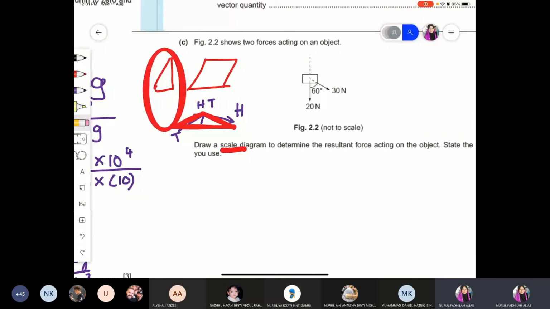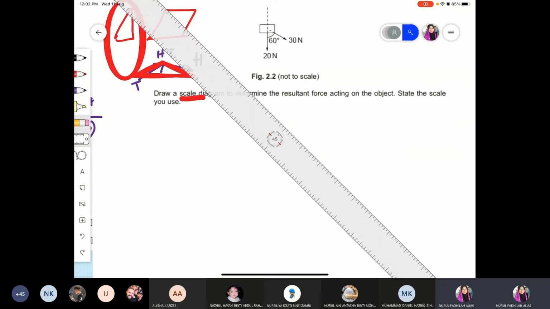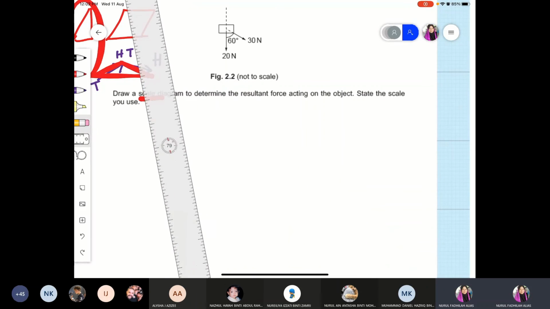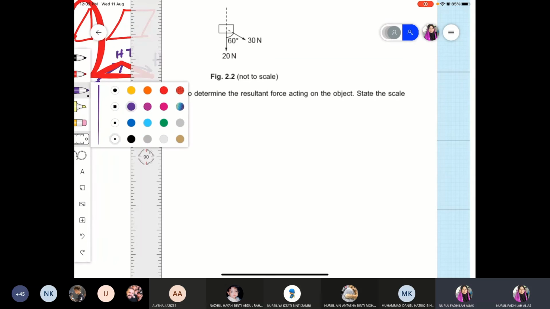Okay, now I want to choose. Okay, let's say I choose to start from 20. Jadi I need to have a ruler. Okay, angle mesti betul because the question says you draw a scale diagram. Okay, angle kena betul. Sekejap.